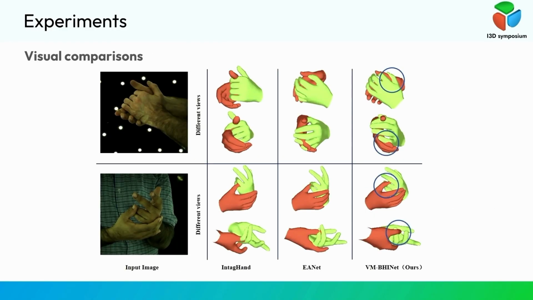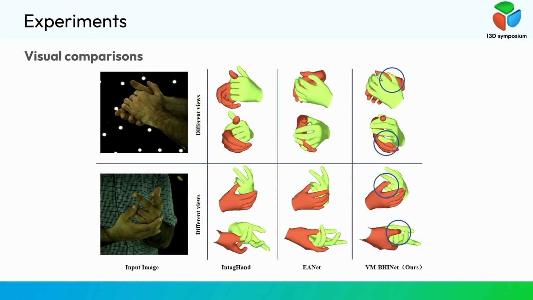After discussing the quantitative performance, let's now take a look at the visual comparisons. We present visual comparisons with previous state-of-the-art methods, namely IntagHand and EANet, on the InterHand2.6M dataset. By comparing the interactive hand models reconstructed from the same monocular image from different angles, we can clearly observe that VMBHINet exhibits a significant advantage in accurately estimating hand poses and interactions.